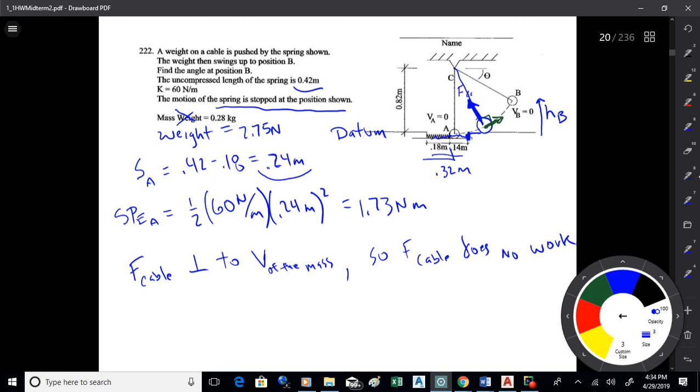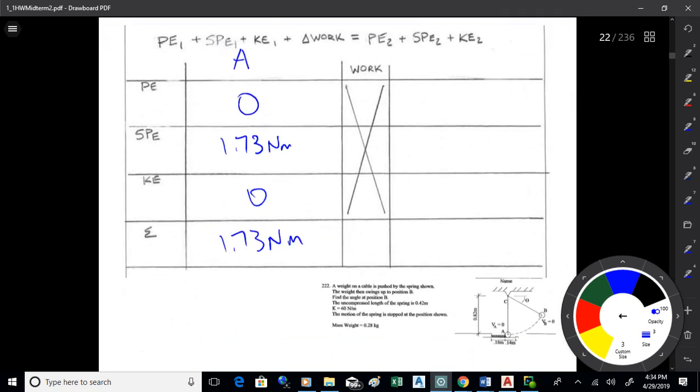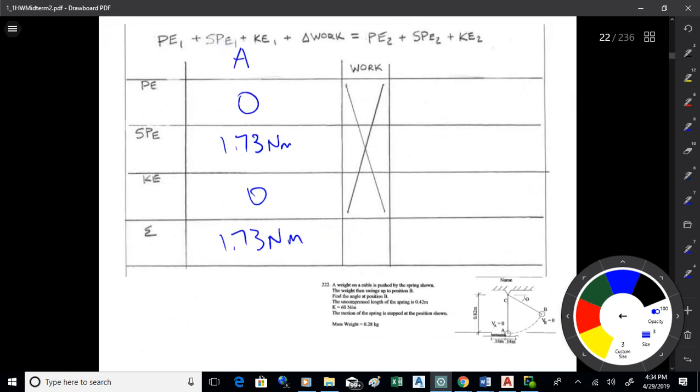So there's no work going on here. There's no friction, nothing like that. And the force of that cable doesn't do any work. So that's going to be a 0 here. So you're going to have 1.73 total to work with. So you've got to figure out how these three things relate to the 1.73.